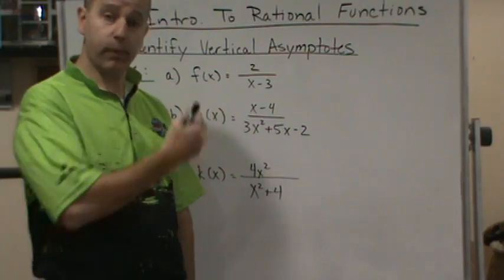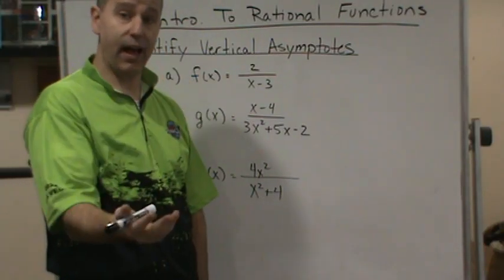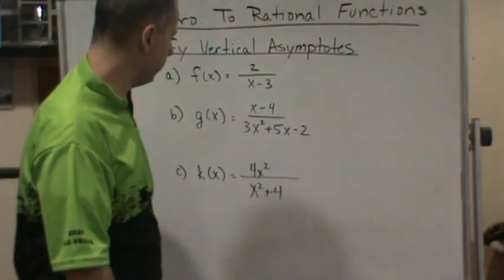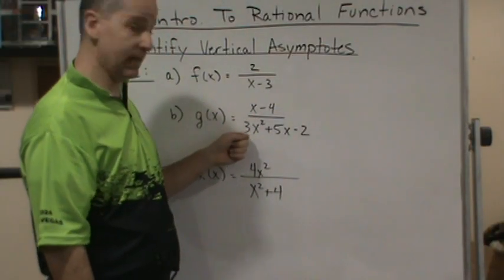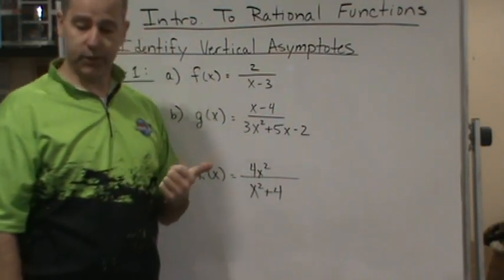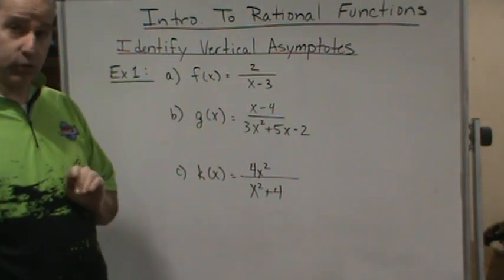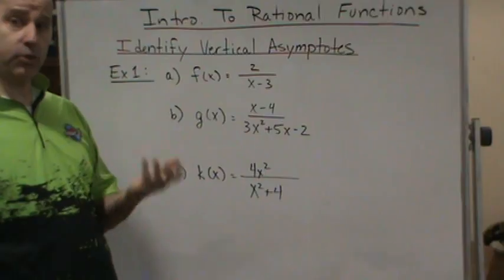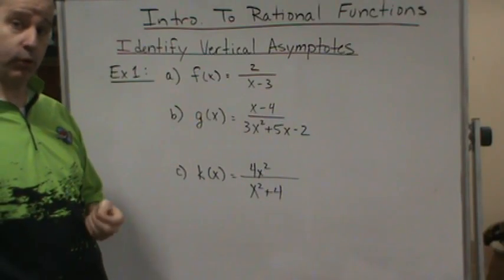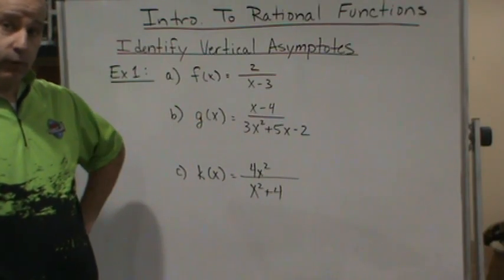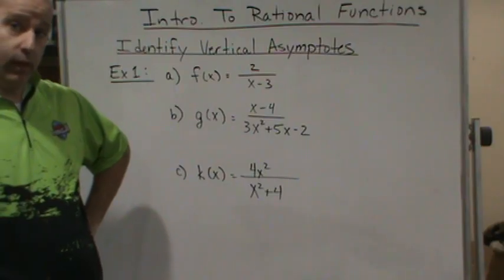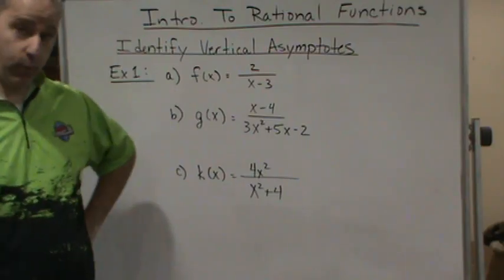Remember, when we talk about rational functions, the restricted values of the domain are all of the values that make the denominator 0. Well, it turns out that those restricted values also correspond to vertical asymptotes for the graph of the rational function. So that's what we're going to look for.